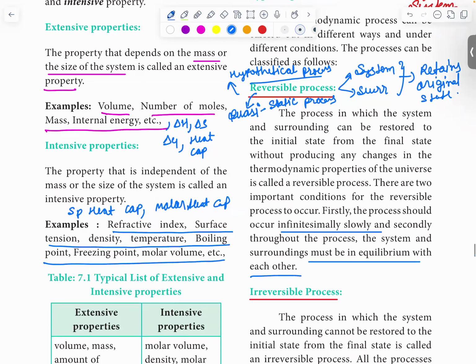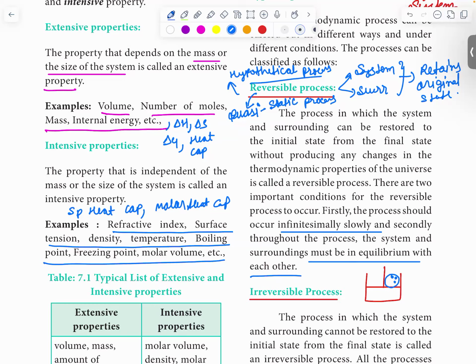For example, if you want to get a feeling of a reversible process, just take a cylinder and attach a piston in the cylinder. Just put a sandbag over it.